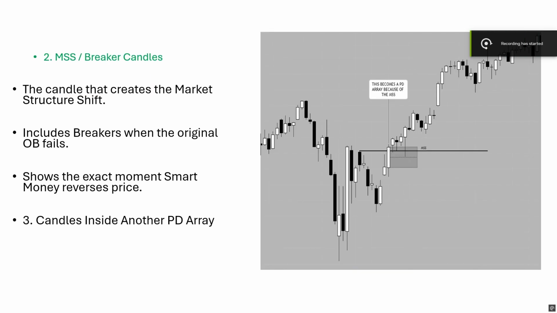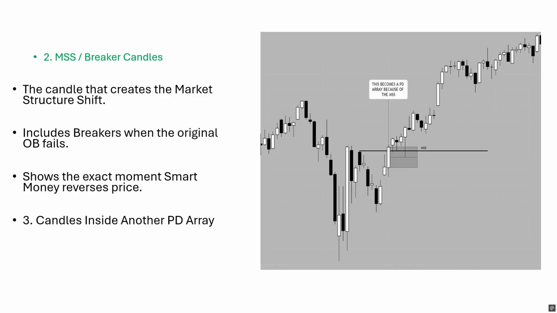The next PD array in the sequence is the market structure break, what we can call a breakout. The candle that shifts the market structure is very important, as smart money shows its sequence in that candle. It is the exact point where smart money changes orders, breaks away, and causes a change in the state of delivery.